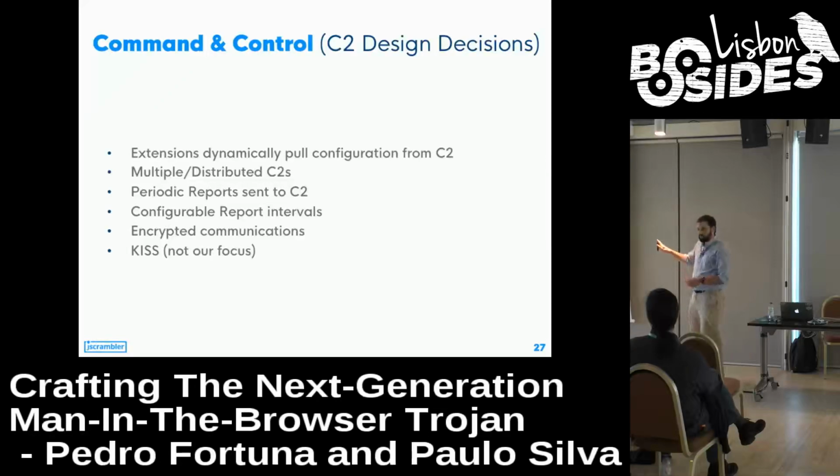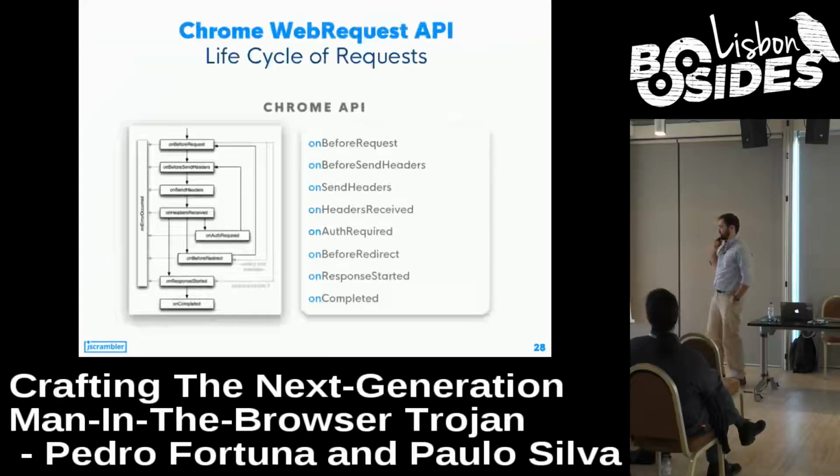So this was not our main focus, so we kept it simple, but we made something distributed, so we have plenty of servers spread all over the world, and they can send the stolen data and pull configurations and implants from everywhere. They send the reports, and then everything gets pushed to an Elasticsearch instance because we were expecting much data, so let's keep it simple and get the right tool to get the job done.